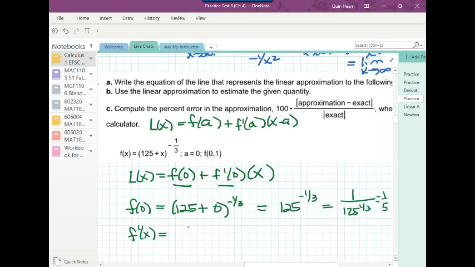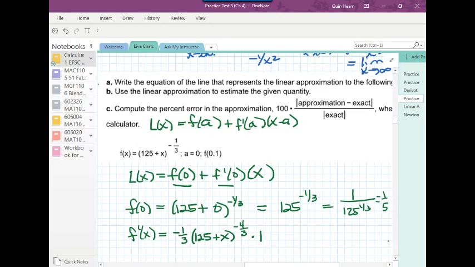But in any case, this is the equation of the tangent line, and it gives us an approximation for the function, because if you look at the graph of the function and the tangent line, you see how close they are? So if there was some x value here, and it was hard for me to find f of x, I could find L of x instead, and I would know that I'm pretty close to the actual y value at that point.